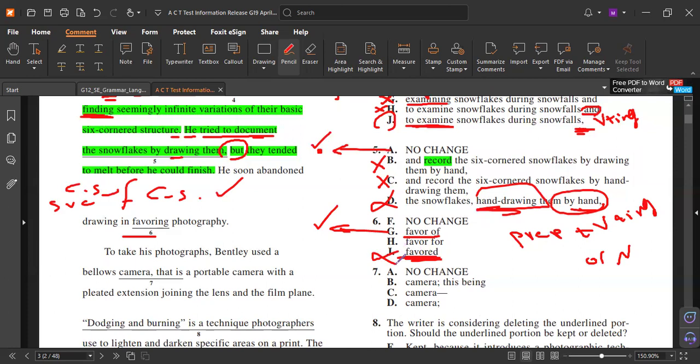So J is wrong. And here in 'favoring', it must be 'of'. There is no 'of', F wrong. Here it's 'of', not 'for', H wrong. This is a question about an idiomatic expression in English. It's something you didn't study yet, but it's normal in English, we know it.